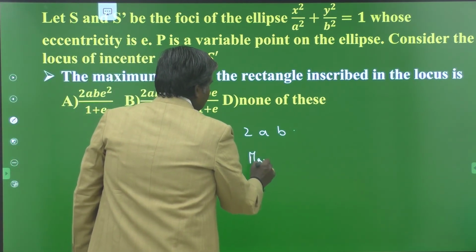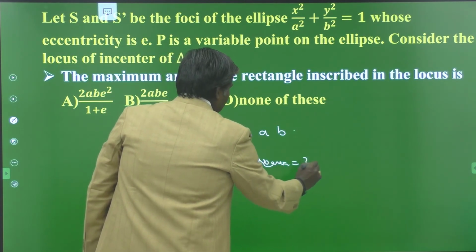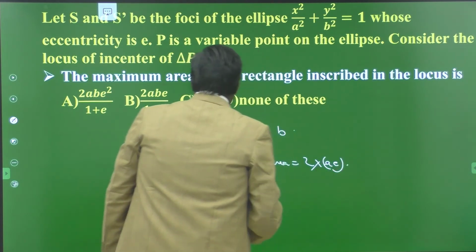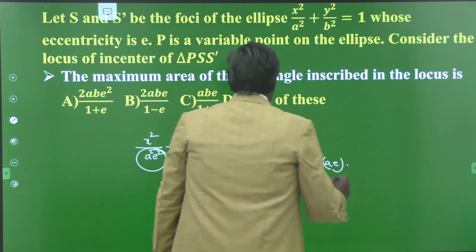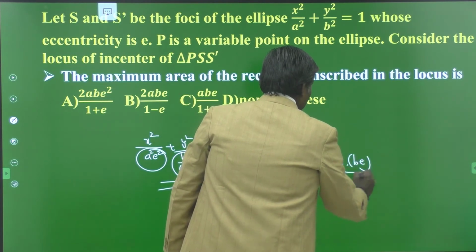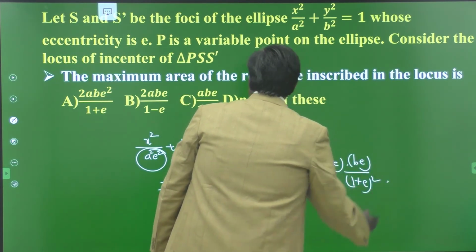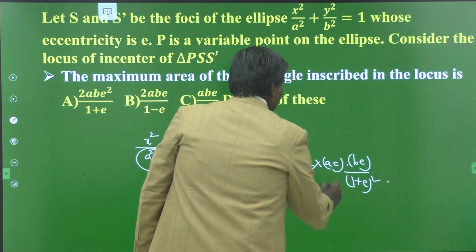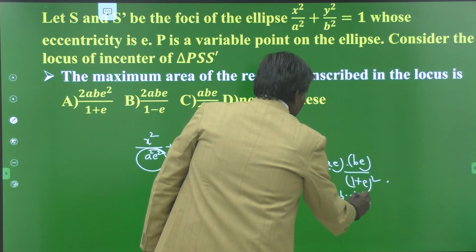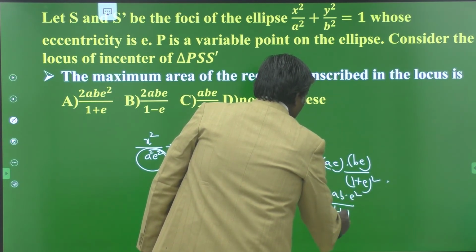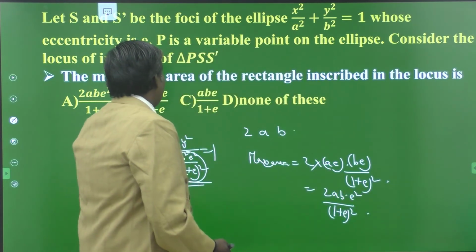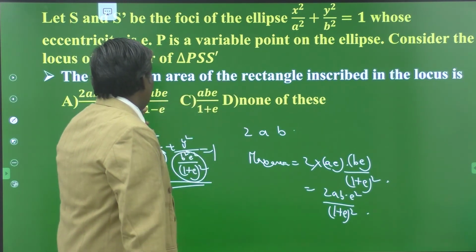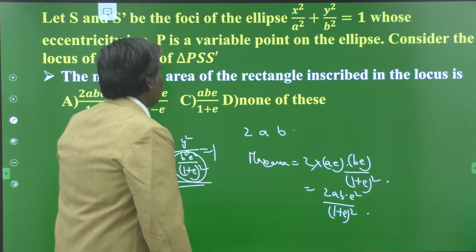So maximum area is equal to 2 times A, which means AE, into B, which means BE, by 1 plus e whole square. That is nothing but 2AB e square by 1 plus e whole square. So the maximum area of the rectangle that can be inscribed in that locus is 2AB e square by 1 plus e whole square.